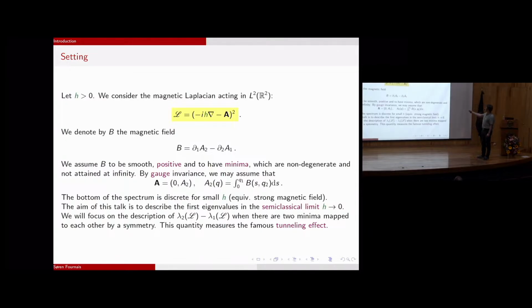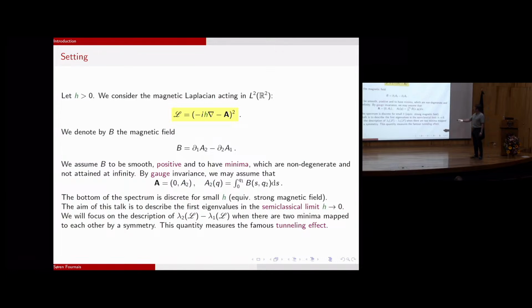The setting is that we are in 2 dimensions. We take a purely magnetic Schrödinger operator, where the wells will now come from having variations of the magnetic field. But think of the magnetic field as being essentially constant at infinity. The magnetic field in 2 dimensions, just to remind you, is just this cross derivative of the vector potential which sits in here.